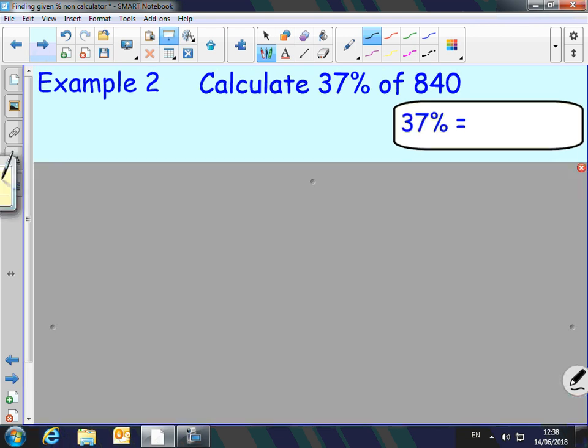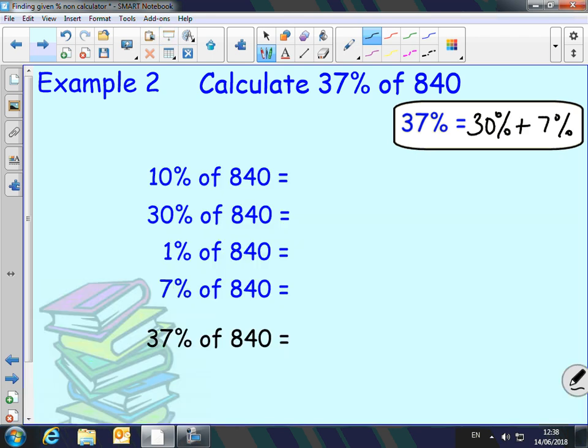Okay, let's have a look at another example. This time calculate 37% of 840. Now 37% can be split up into 30% plus 7%. And again, I've split the calculation up into steps. So the first thing to calculate would be 10% of 840.